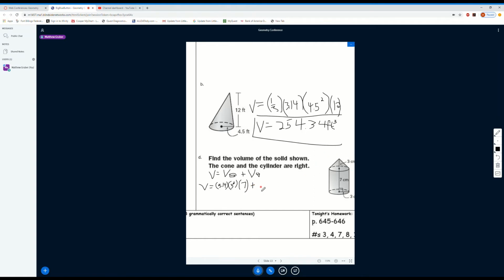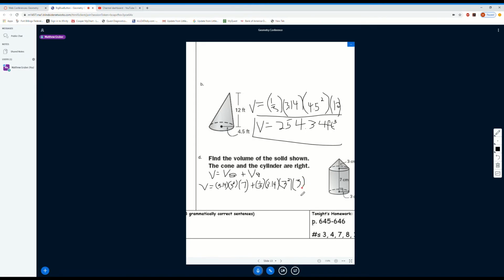The volume of a cone is 1/3 pi, which we'll use 3.14 again, r squared. The radius of this cone is the same as the radius of the cylinder, so that'll be 3 squared. And then we multiply by the height of that cone, which is 3.